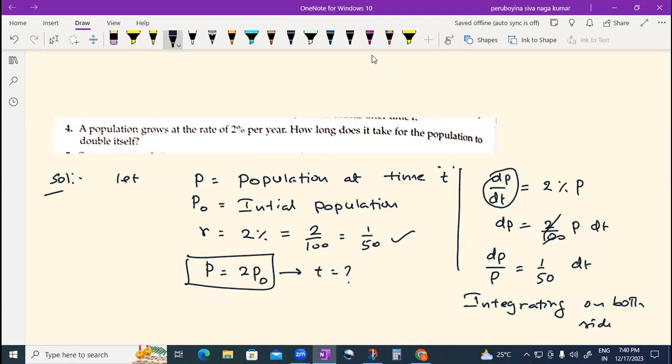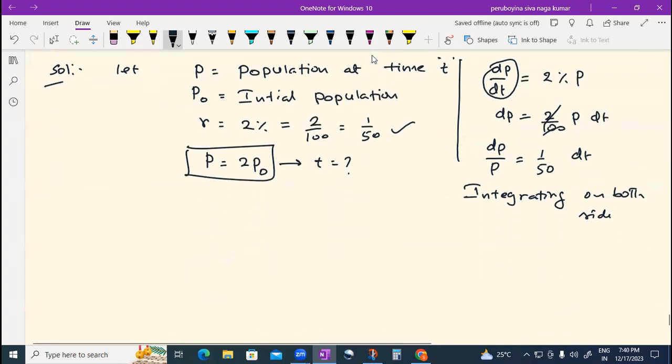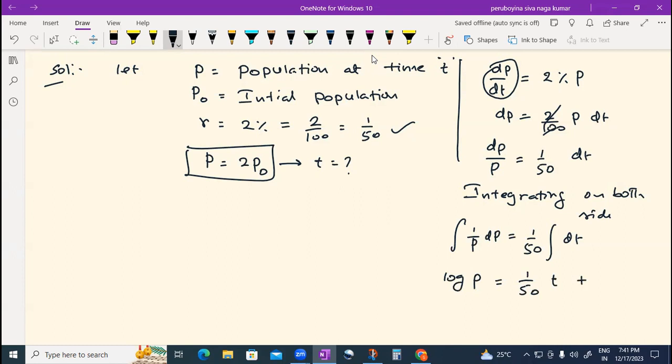So we are solving this differential equation using integral concepts. The integral of 1 by P into dP is equal to 1 by 50 into dt, so log P is equal to 1 by 50 of T plus C.